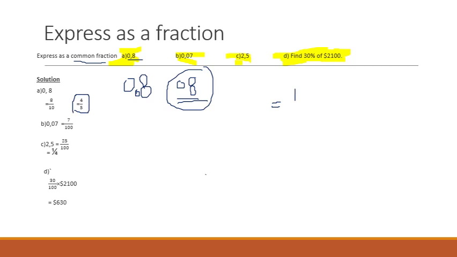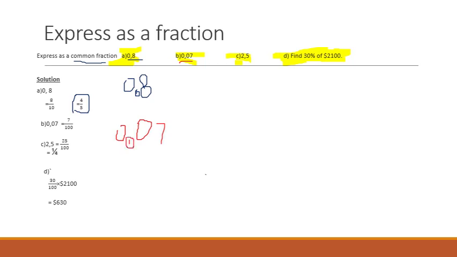Let's look at the next one, which is 0,07. This one. Let's remove the comma again.